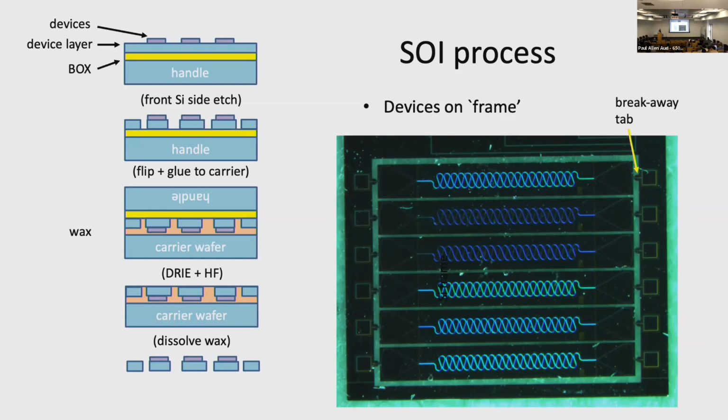We etch away the handle wafer and the box, the silicon dioxide layer, and then we dissolve the wax to release our chips. We make these chips so that they're still attached at that point to a silicon frame so that they don't all just float away, and then we can break them out of the frame. Photograph isn't very good, I guess, but there are small breakaway tabs holding the chips at that point.